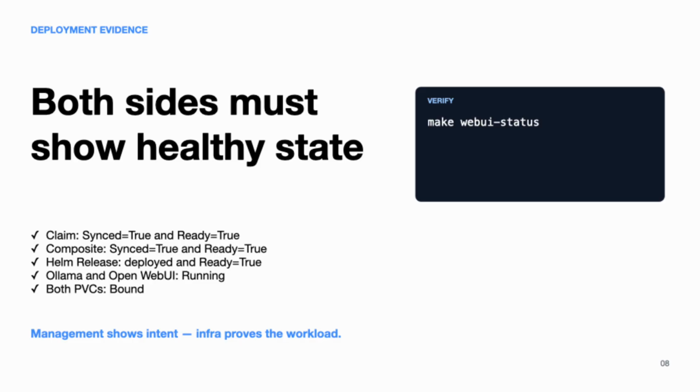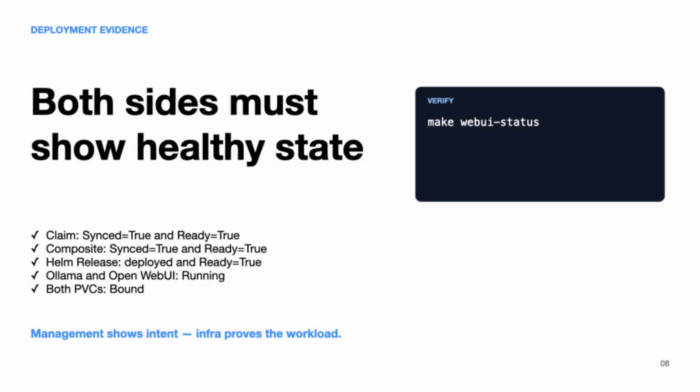The Helm release reported deployed, revision 1, and chart version 14.6.0. We then use the infra-tunnel kubeconfig to show pods, services, and PVCs in the Ollama and Open WebUI namespaces. Ollama runs with a bound 10 GB PVC and service port 11434.